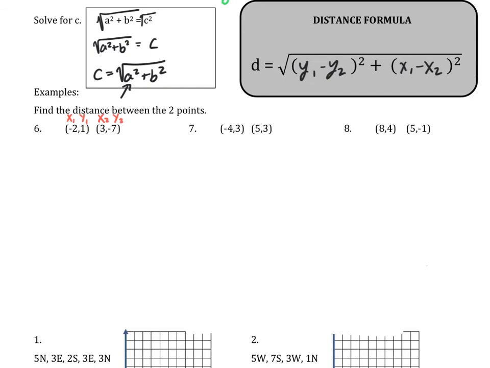And all we need to do is simply plug that directly into our formula, and then it's just a plug and chug calculator problem. So our distance is going to equal the square root of the whole quantity, 1 minus negative 7 squared plus, so now our x value is negative 2 minus 3 squared, right?